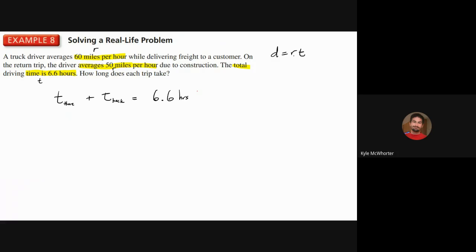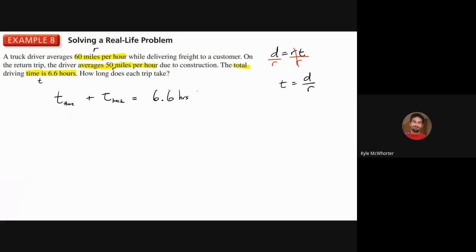So what we can do then is use the d equals r times t equation to get time by itself. We divide both sides by r, and we get t equals d divided by r, right? Time equals distance divided by rate.